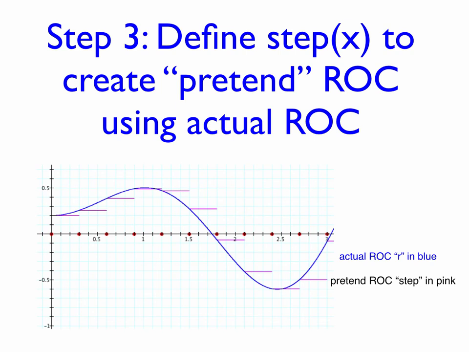So here I've got, in blue, an actual rate of change function. And I've chosen to create a pretend rate of change function in pink. And how did I create it? What did I do?